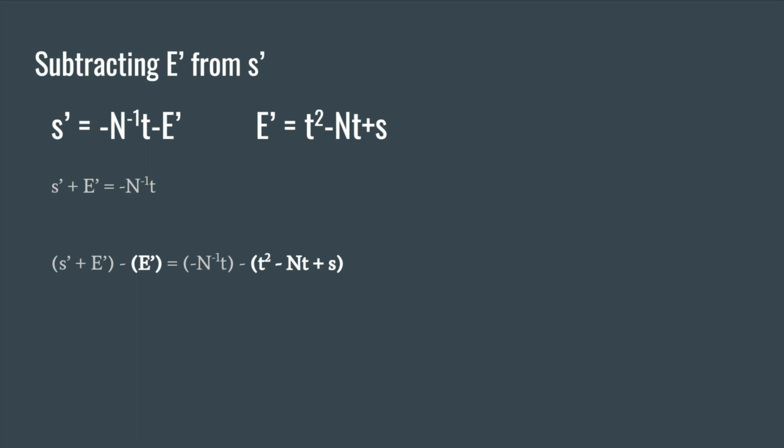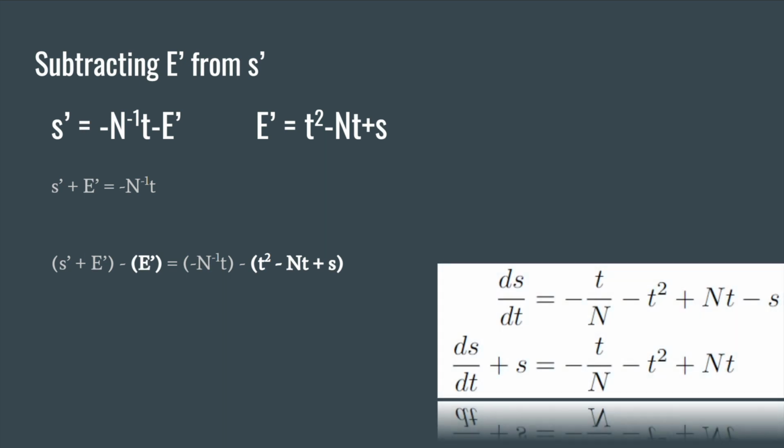By moving the derivative of efficiency term to the left-hand side of the stress equation, we can cancel that out and leave us with a right-hand side only filled with expressions in terms of t.